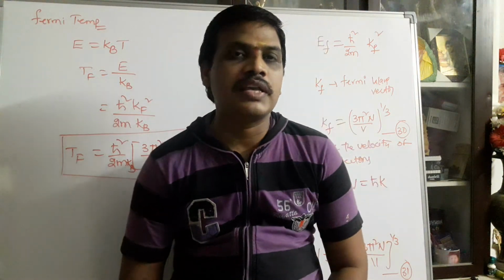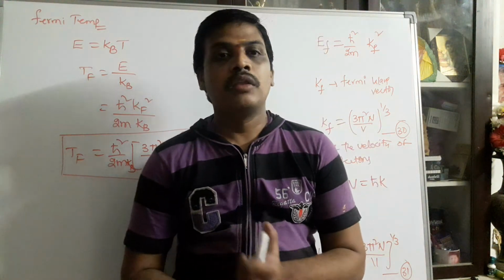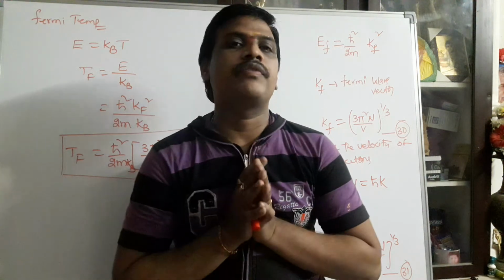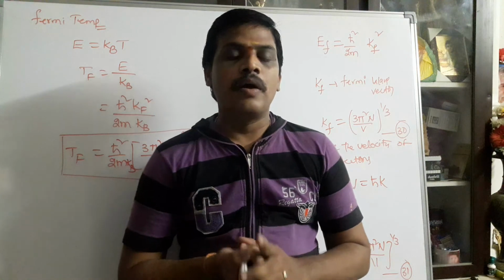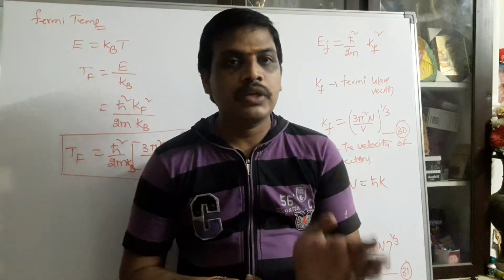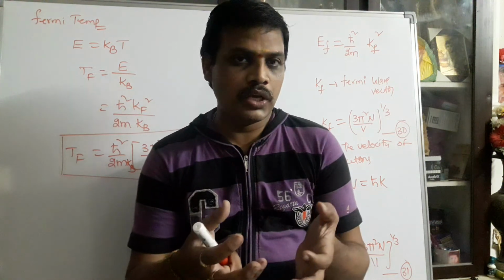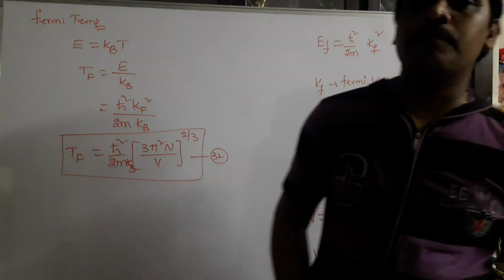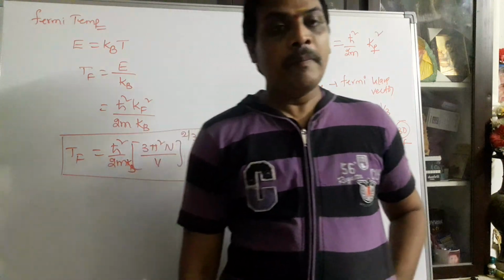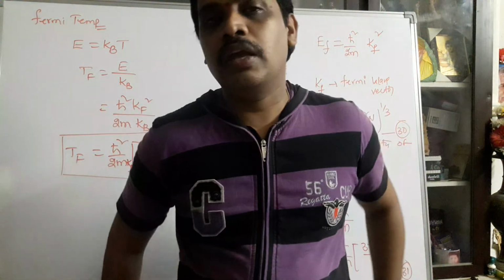You can draw the density of states versus energy level. The shaded region indicates the completely filled electron states. You can give thermal energy, by raising the temperature of the room or anything.